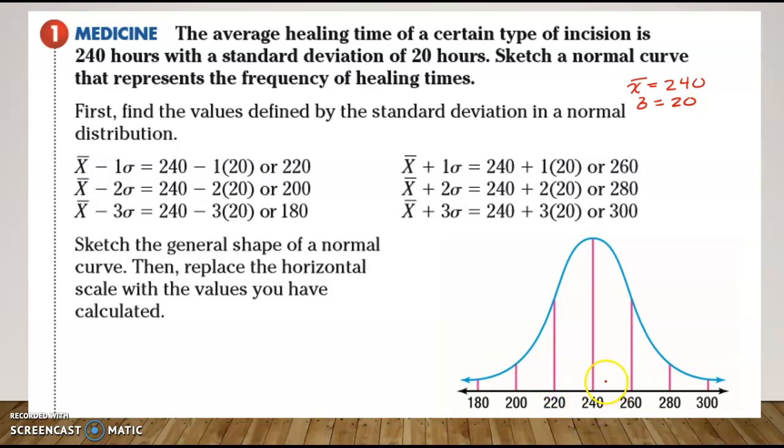So here's 240 plus 20 gives you 260, plus another 20 gives you 280, plus another 20 gives you 300. These are all subtracting 20 off. So that's all you're doing right now, just setting up your normal curve. Your mean and your median will be here. Your biggest set of values is right there, and they taper off at the ends.